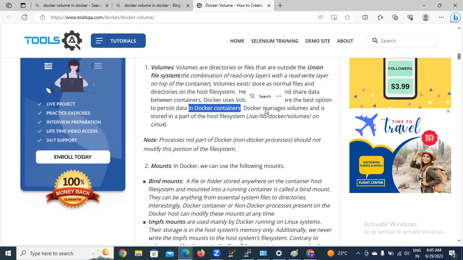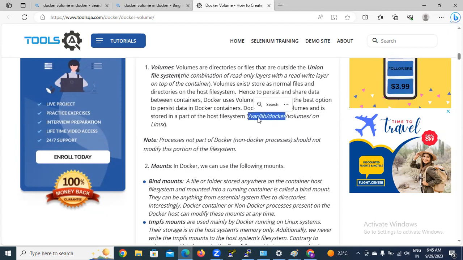Volumes are the best option to persist data in Docker, and Docker manages volumes, which are stored as part of the host file system. By default the path is this. If anybody asks for the default path of Docker volumes, it is /var/lib/docker. Why?